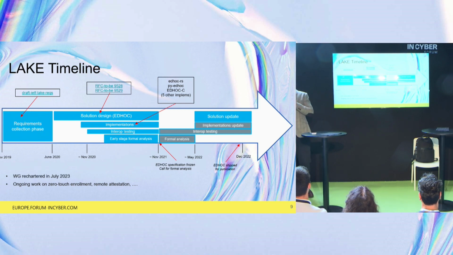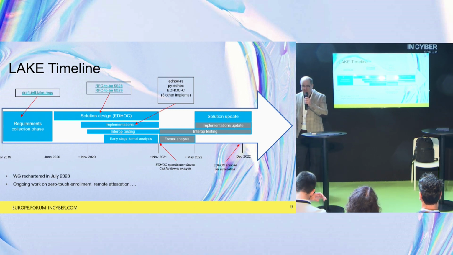In November 2021, we declared this protocol as ready for formal analysis. What that means is that we considered the work in the IETF being done, and we invited the academic community to study the protocol for any vulnerabilities in order to improve the protocol before it is published as an RFC.